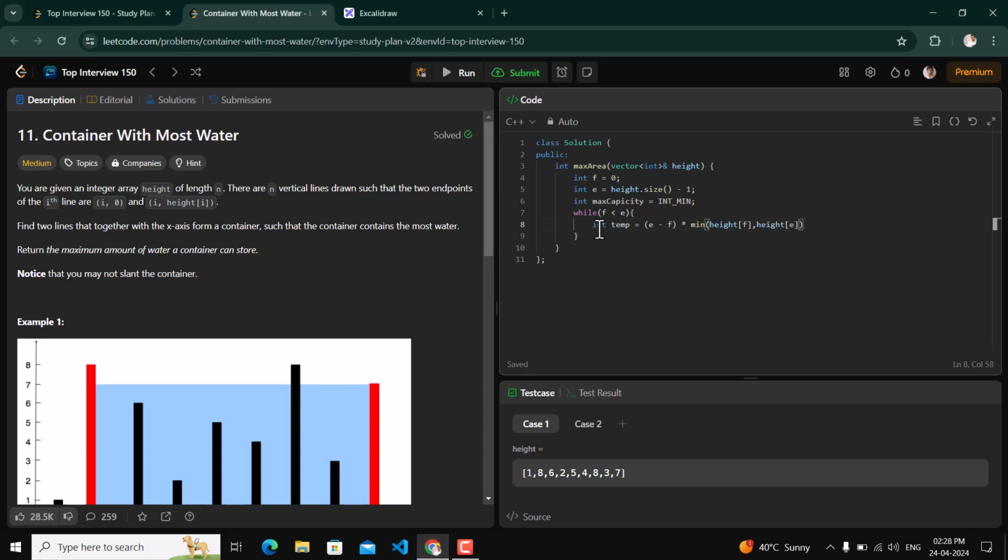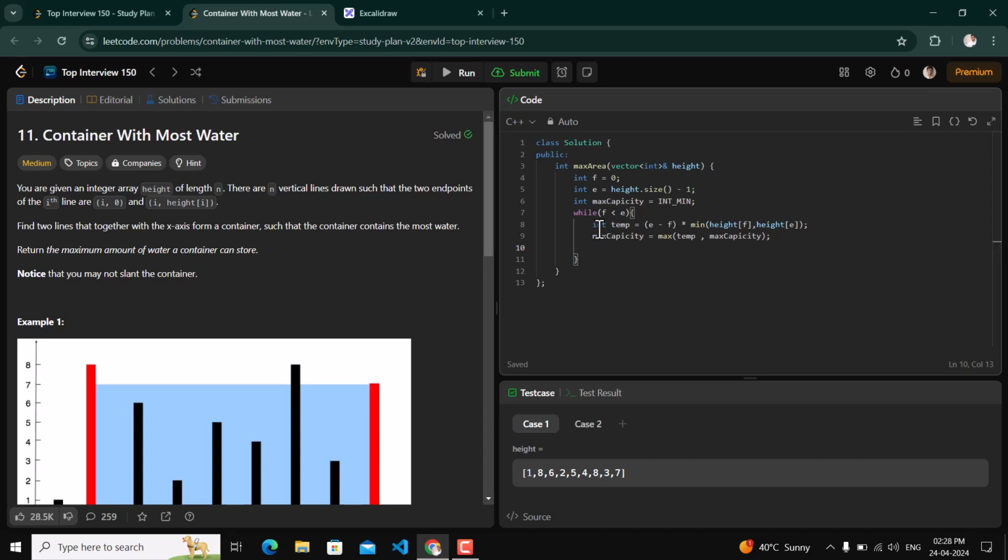Okay, front and end. Now we have to check whether it is the maximum. So we store maxCapacity equals max of current capacity and what we have previously stored, maxCapacity. In this way we will maintain our maximum.